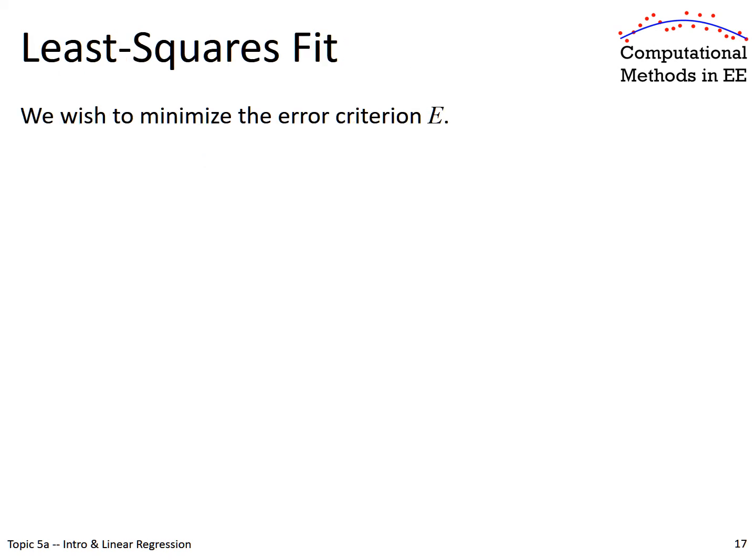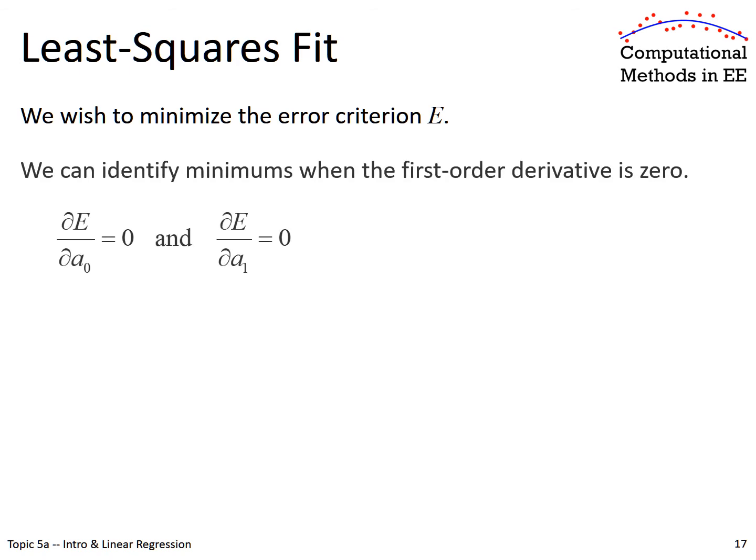Now that we have an equation for calculating E, that single number that tells us how good our fit is, we want to figure out, in this case, what A naught and A1 are that minimize that. So to minimize something, we'll use the first derivative test. If a function has a minimum or maximum, that means the slope has to be 0 at that minimum or maximum. So we set the first derivative equal to 0 and figure out what value of A naught and A1 makes that happen.